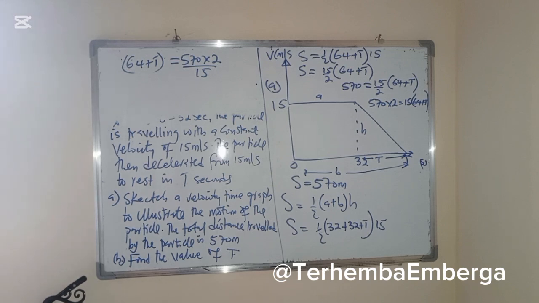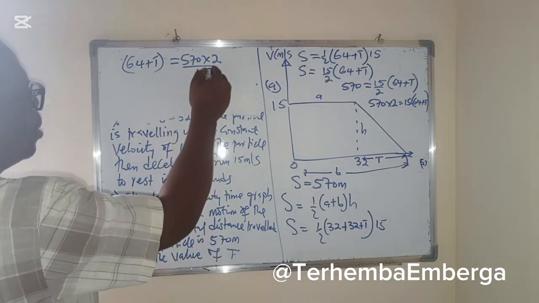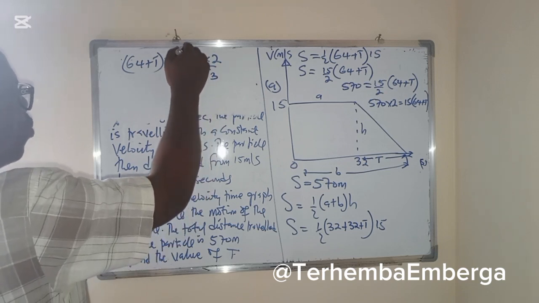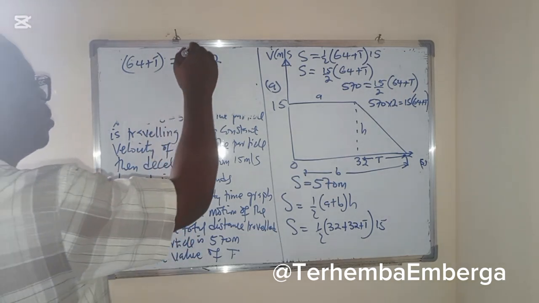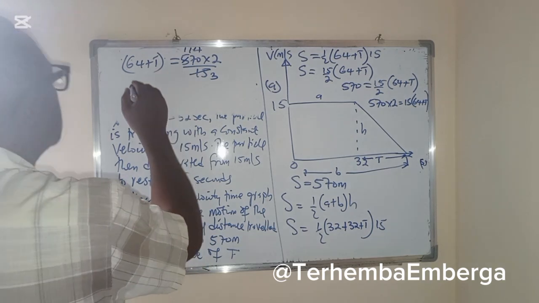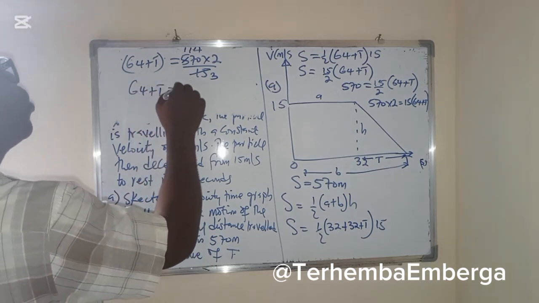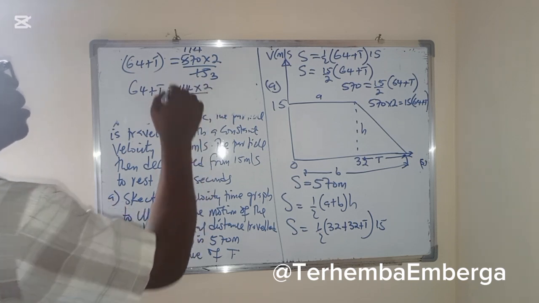We can try to reduce this. 5 into 15 is 3. 5 into 5 is 1. 5 into 70 is 14. So we can write this as 64 plus t is equal to 114 times 2 all over 3.